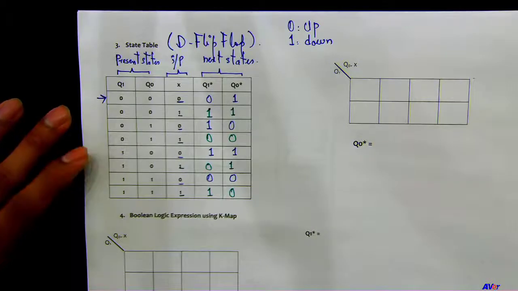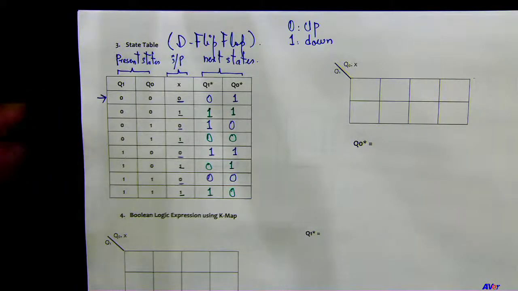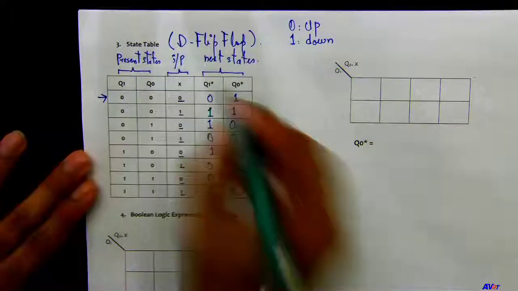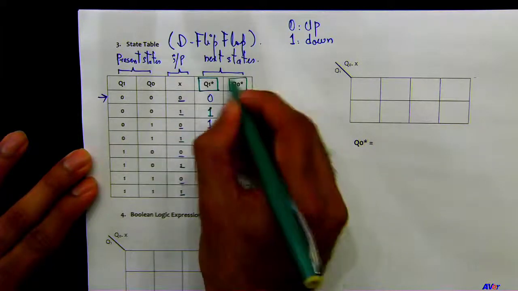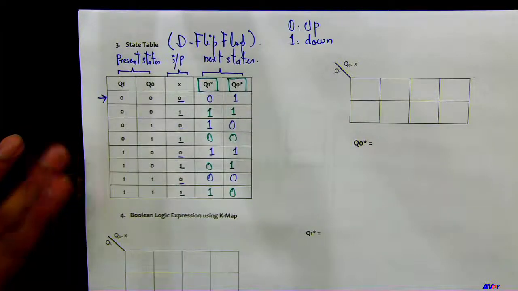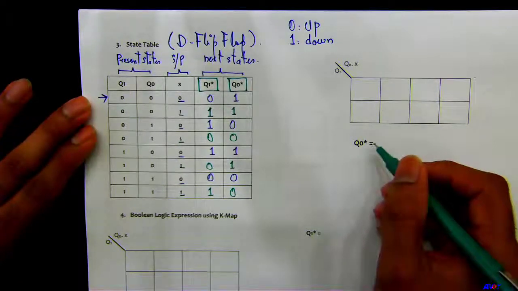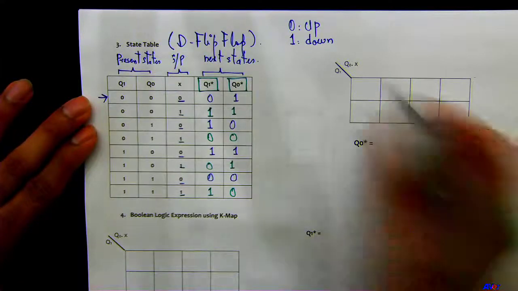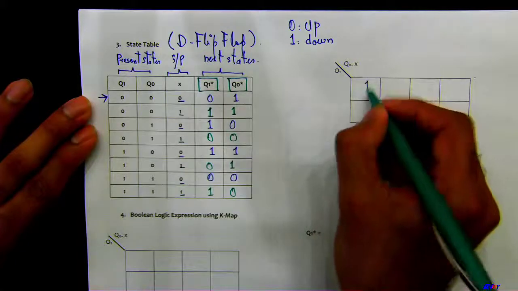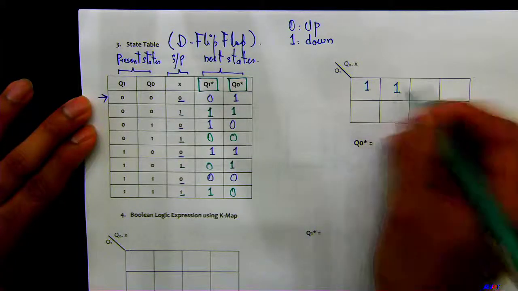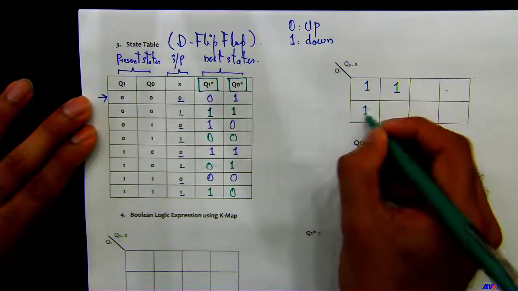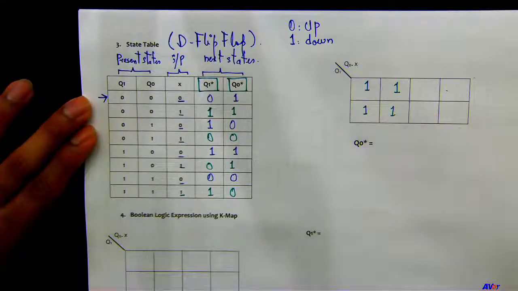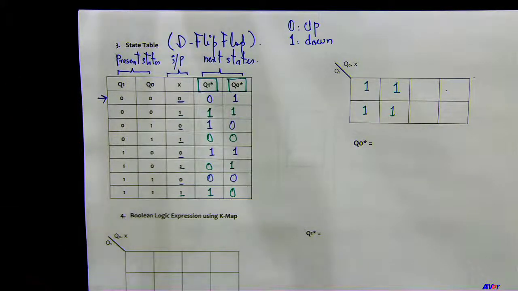Okay. All right. Obviously, we will have to do K-map, one for each of the next state terms. Let's do it for Q0 first. So we have 1 here, 1 here, 2 and 3 are zeros, 4 and 5 are 1s, 6 and 7 are zeros. So that's pretty simple.